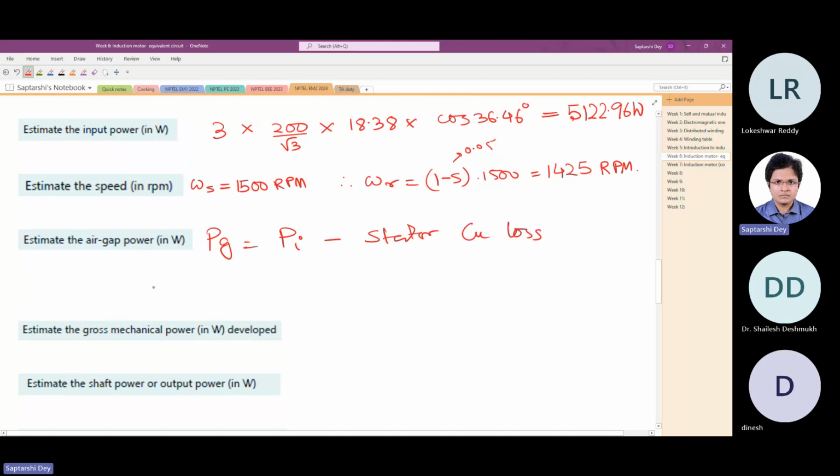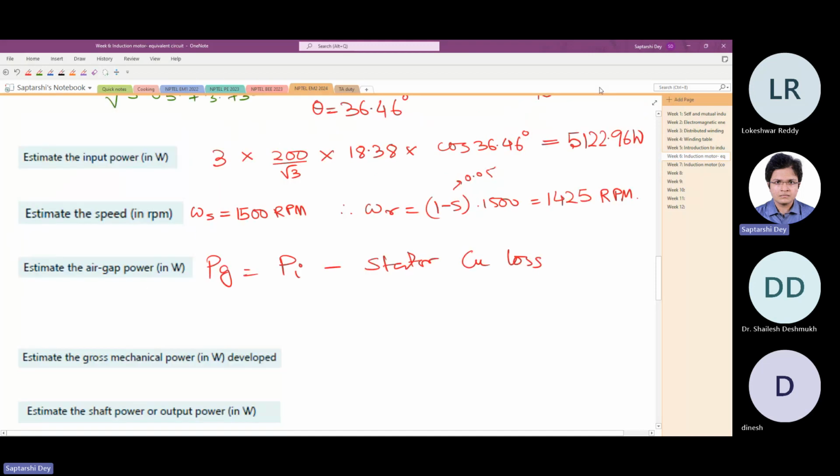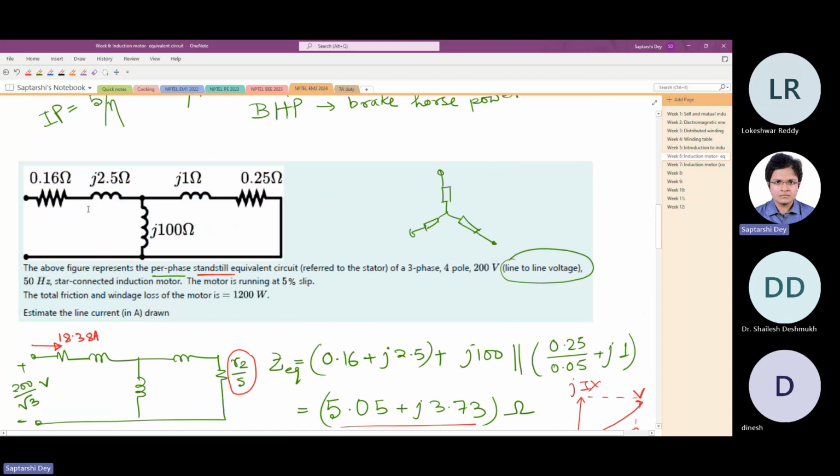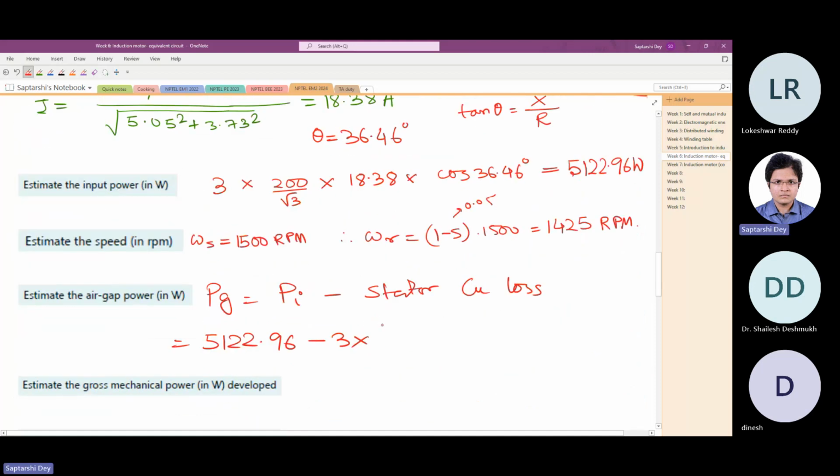So input power we just saw, 5122.96, minus 3 times, as correctly pointed out by him, this one is the current that is flowing through the stator resistance of 0.16 ohm. So 3 times 0.16 times 18.38 squared.